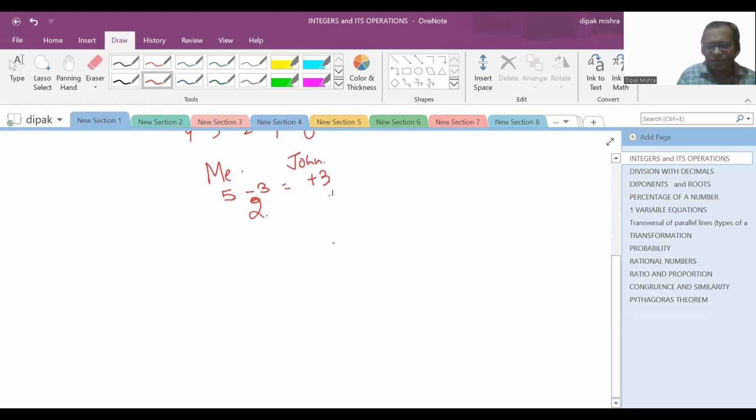In other words, John gets a credit of 3 and now I am at a credit of 2 only. Before that I was at plus 5, now I'm at plus 2. Before, John was at 0 and now he is at plus 3. So if I owe John $5, conversely, can I also say that John owes me negative $5?